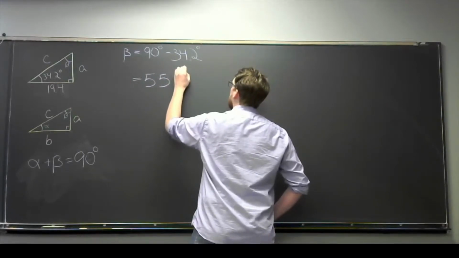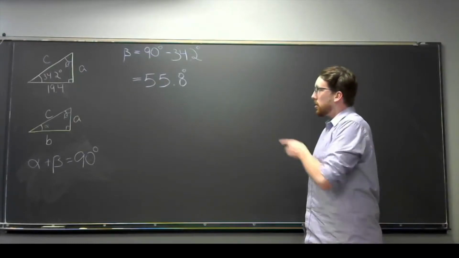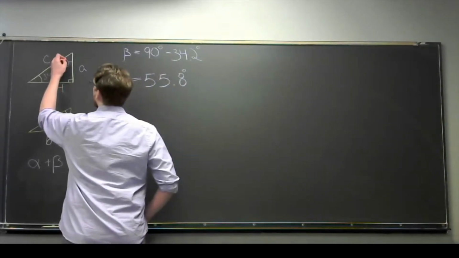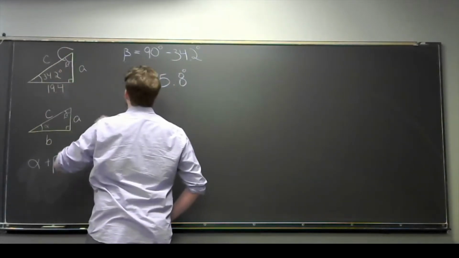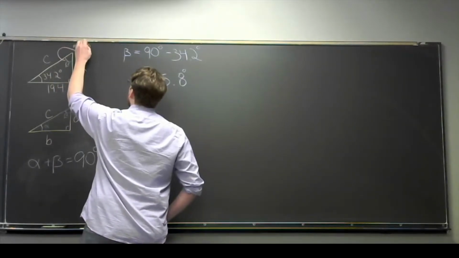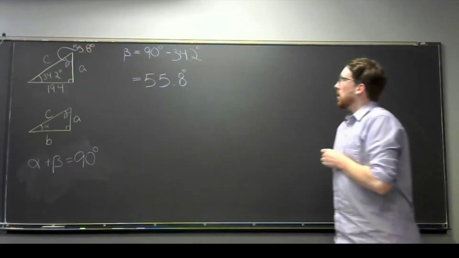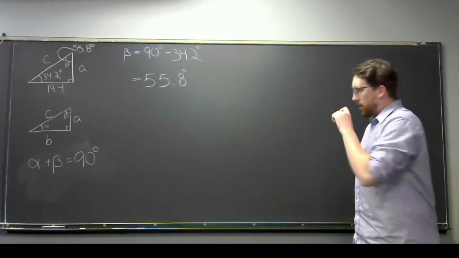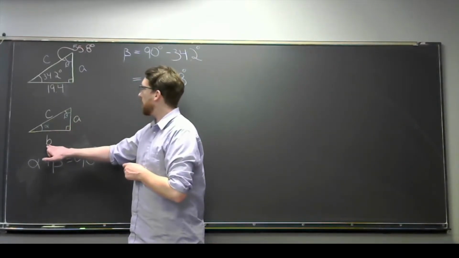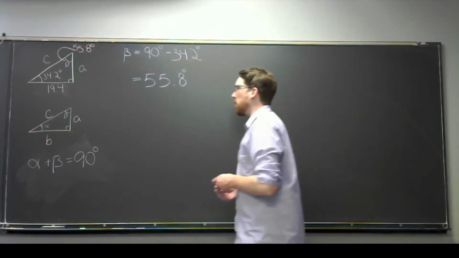So we know beta, this angle, is 55.8 degrees. So what else do we know? Well, we know that a squared plus b squared is equal to c squared. That's one thing we know.